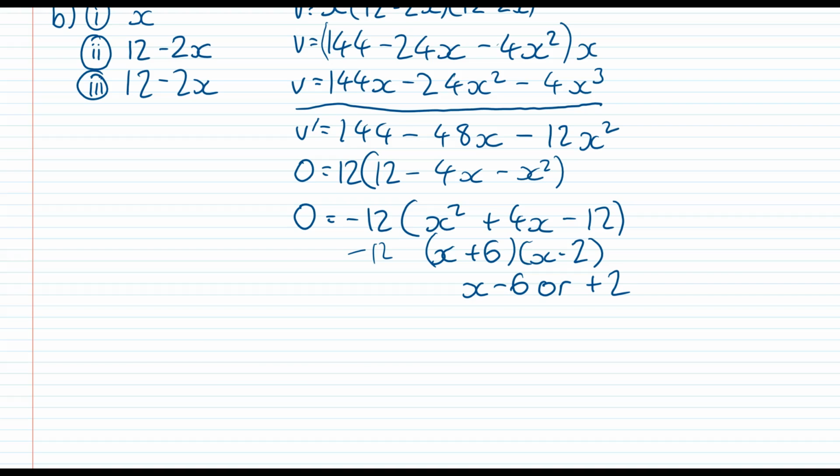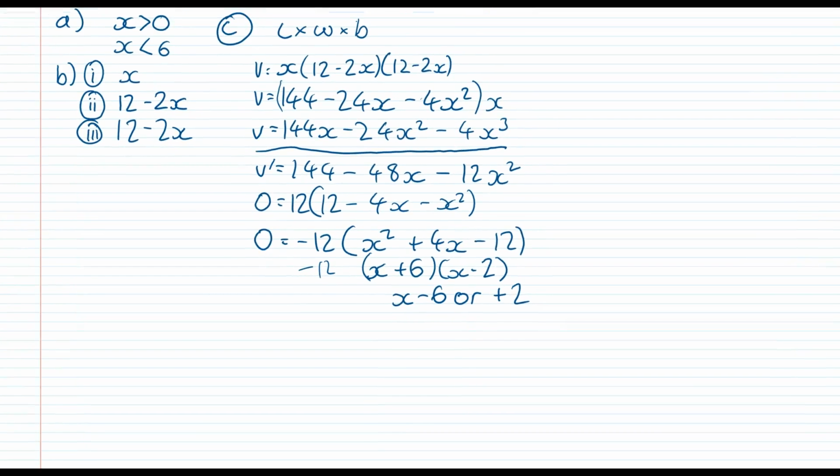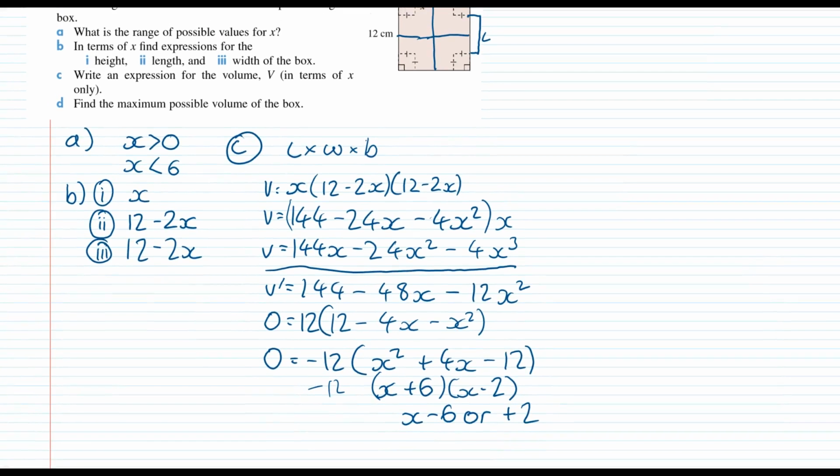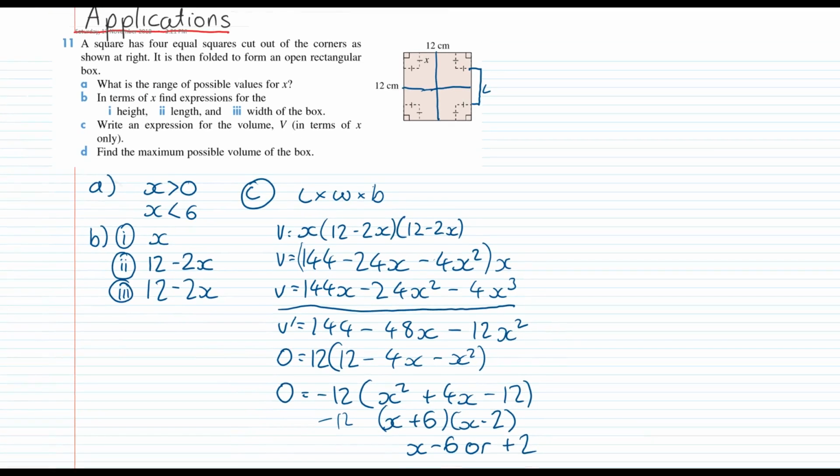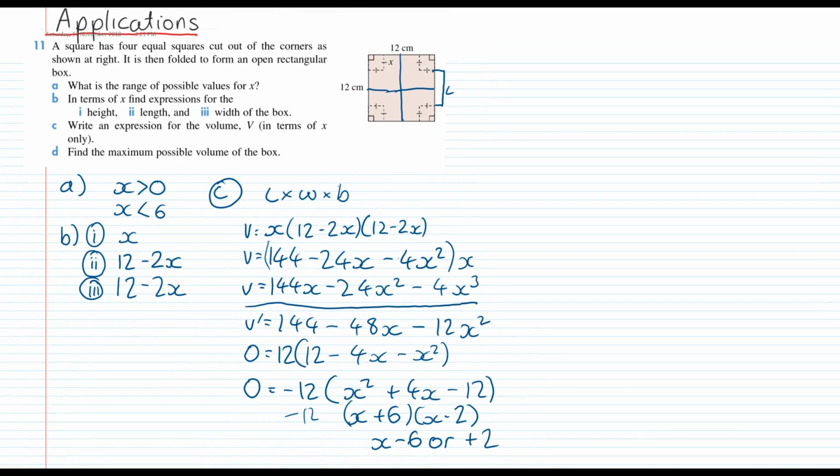Okay, now this looks like we've got two answers to the question. Okay, but bringing back to the question itself, you can't cut a minus 6 out for x. Okay, that's actually the minimum.